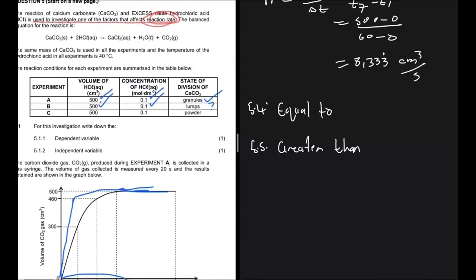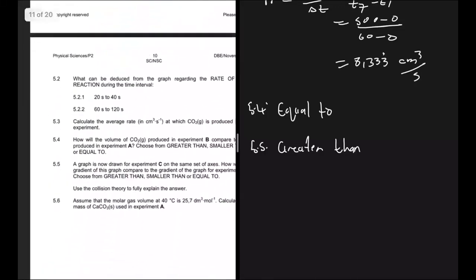And experiment A is granules. So basically in experiment C, there is more surface area, and as a result of more surface area, we have more particles that are exposed, and then we'll have more effective collisions per unit time, and as a consequence, the reaction rate will increase, right?